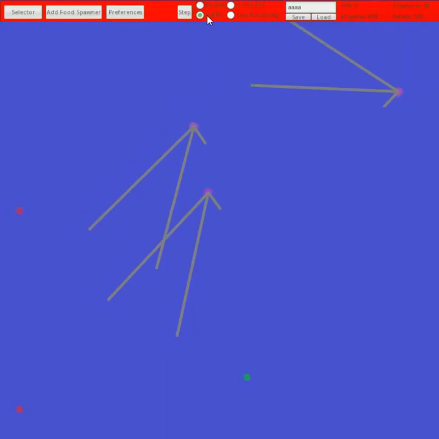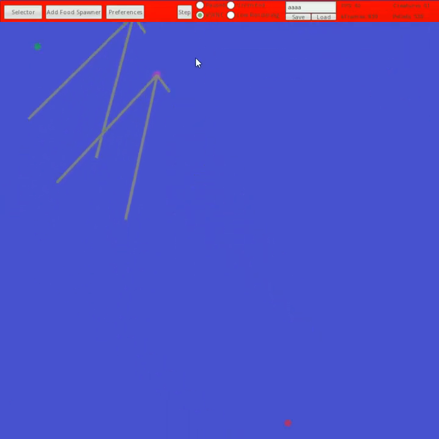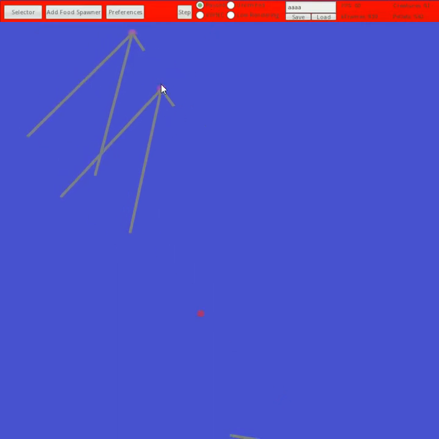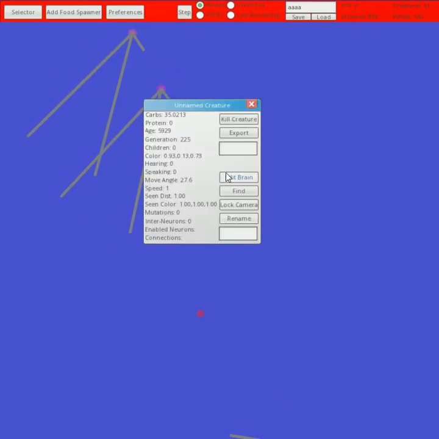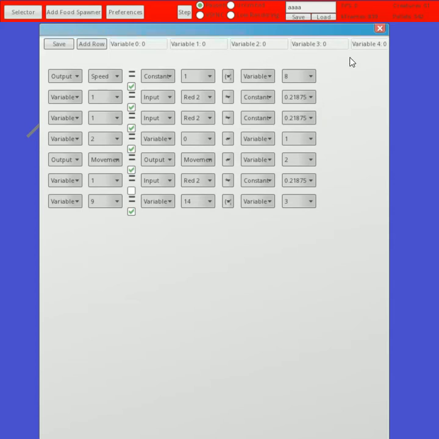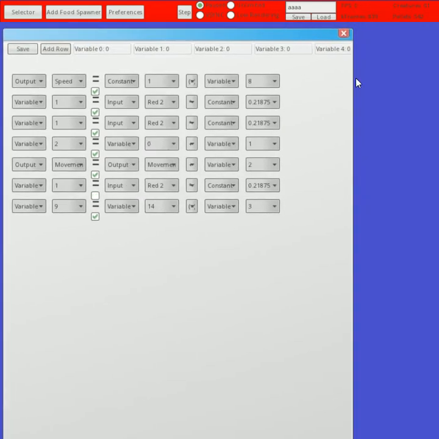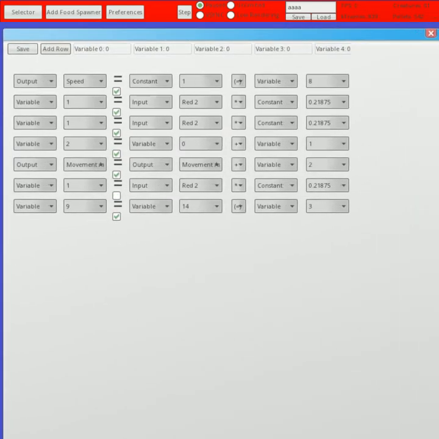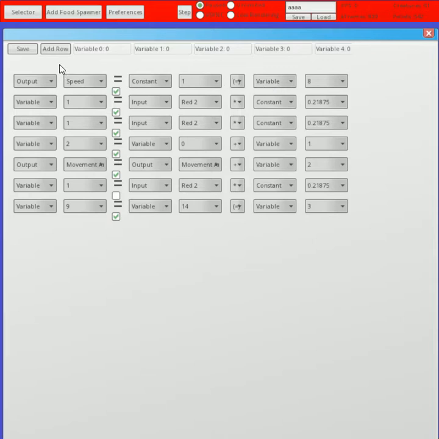So anyway, the creature has a brain that's not a neural network, because I kind of got tired of those, and instead it is a series of basically assignment operations. Every single one of these operations has a variable or an output on the left-hand side, and then two values, which are either constants, inputs, outputs, or variables on the right side.